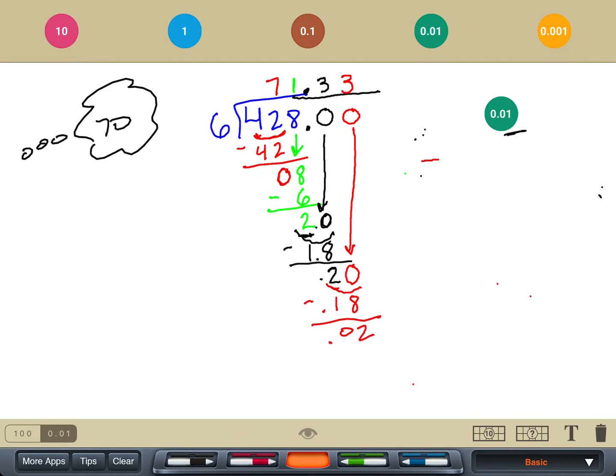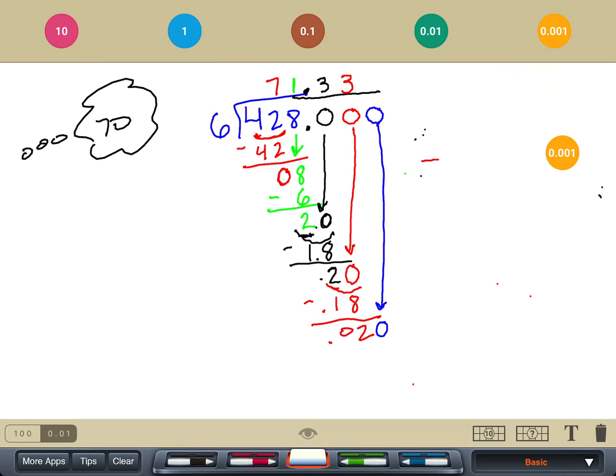And I would have 2 hundredths left. Shoot. Well, I have 2 of these guys left over here, and I still have 6, and I can't do a remainder, so I think I'm going to have to add another 0 and bring this down. Now I've got thousands.